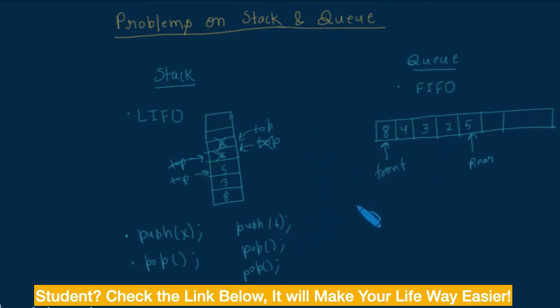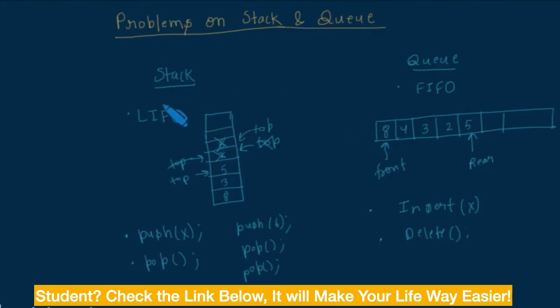So here it supports two operations. One is your insert x, that will insert the element at the rear end. The other is your delete operation, that will delete the element from the front index. Fine. So these are the basic properties that you must know on stacks and queues.